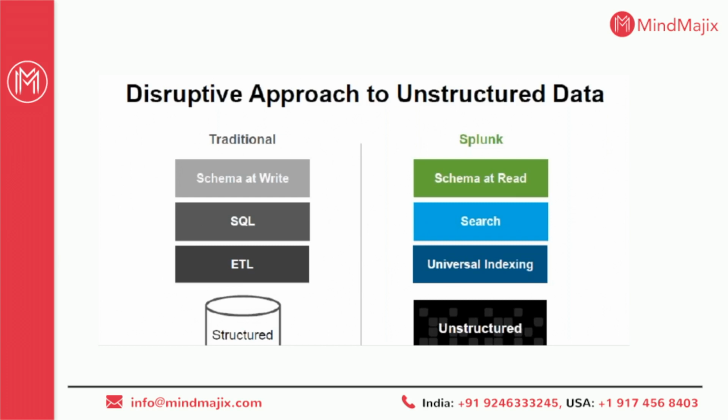That makes its write performance much, much faster. Splunk also has the capability to read the data in parallel from multiple nodes so that the search service does not need to wait for long. And that is the key difference between a normal database and Splunk.